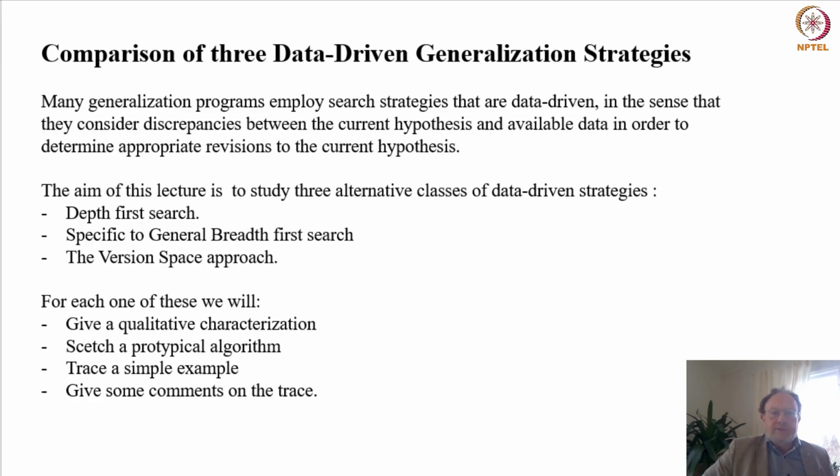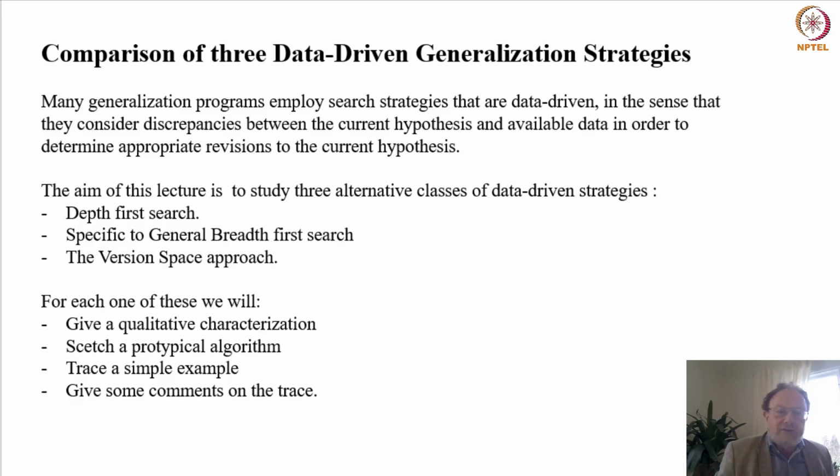Actually, many generalization programs employ such strategies that are data-driven, which means that we build up a hypothesis space, and then we revise what we believe to be the current hypothesis or the current hypotheses based on all the incoming data instances.